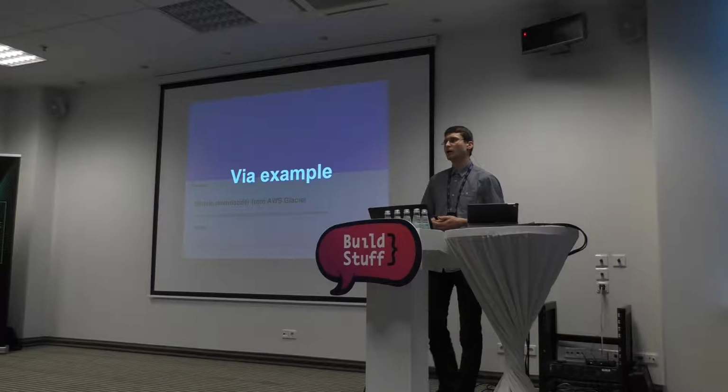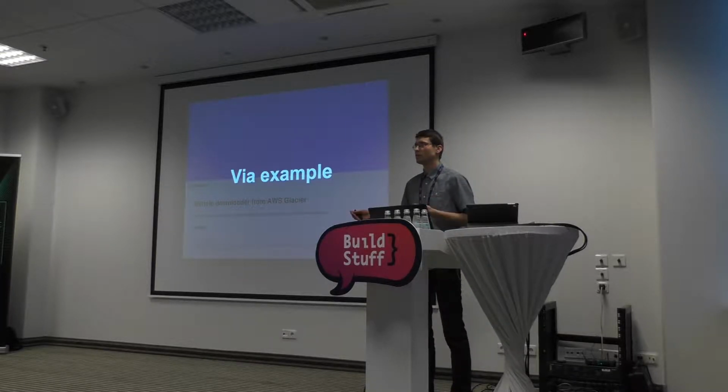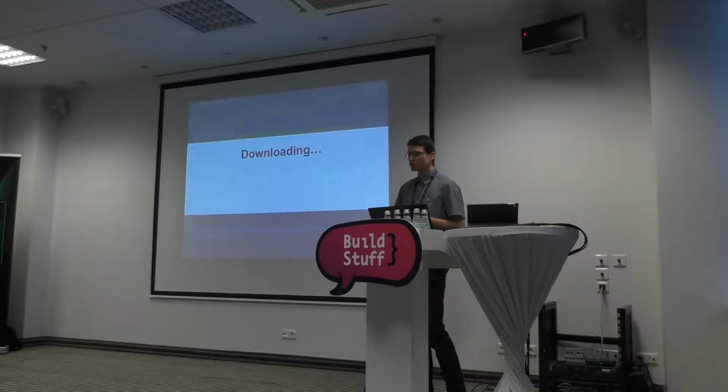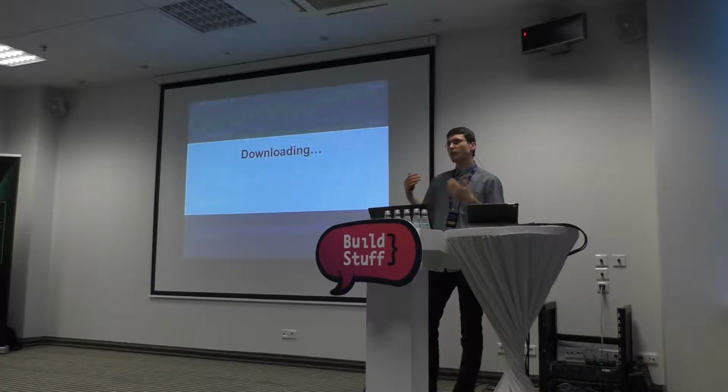I could give you a copy-paste from Wikipedia of what metrics are, but it's not fun. So I thought it would be better to use a personal example. I was writing a script to download from AWS Glacier. It is very cheap storage for big files, but it doesn't have a very good UI to download files.